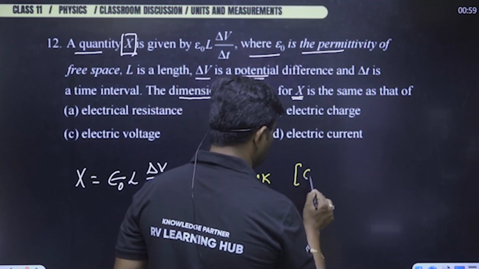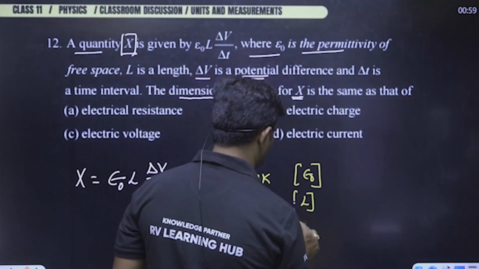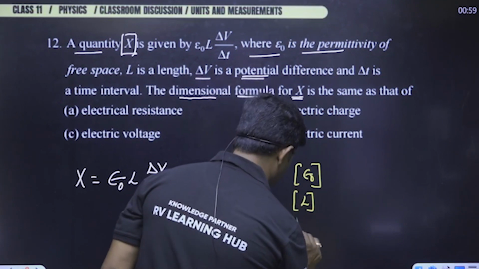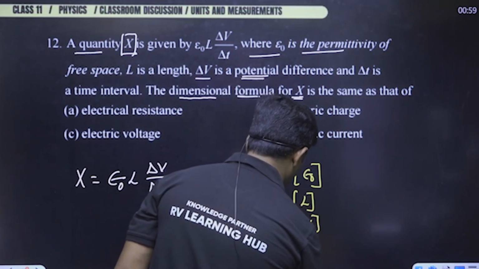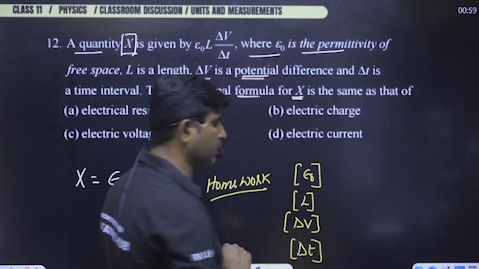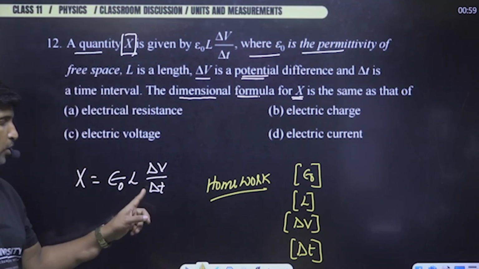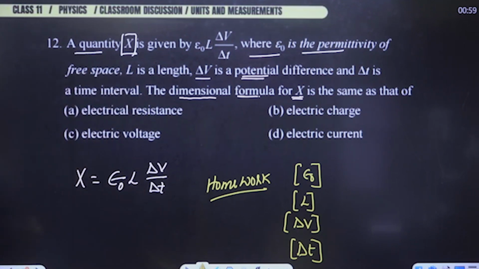Find out the dimensional formula of epsilon naught, the dimensional formula of L, the dimensional formula of the potential difference, and the dimensional formula of delta T, and substitute all of them in this equation. Then you will get the answer.